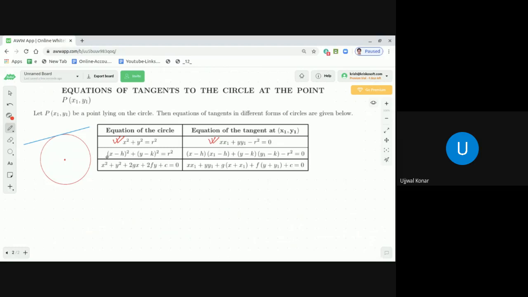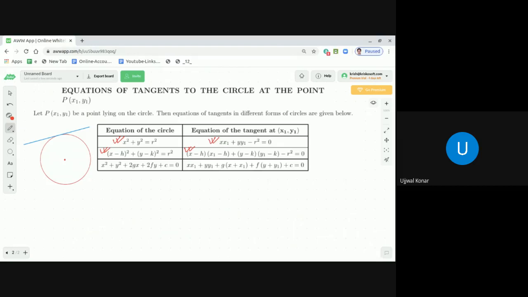That means it is a circle with center at the point (h, k) and radius r. Then the equation of the tangent will be (x minus h)(x1 minus h) plus (y minus k)(y1 minus k) minus r square equal to 0. Here, dear students, there is a pattern in finding the equation of the tangent at (x1, y1).